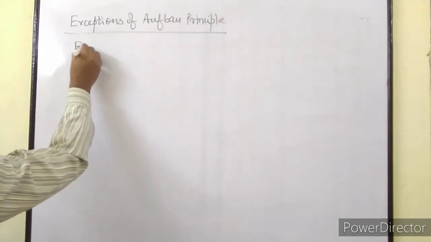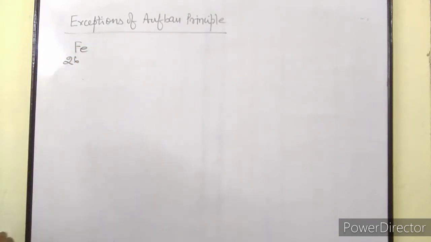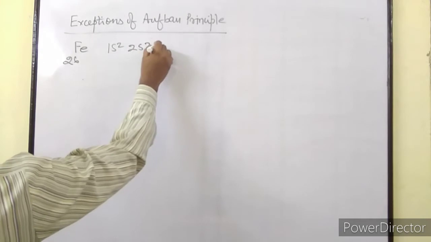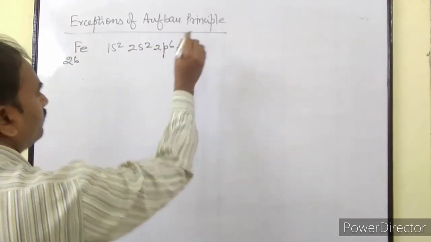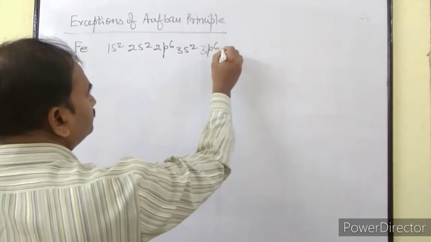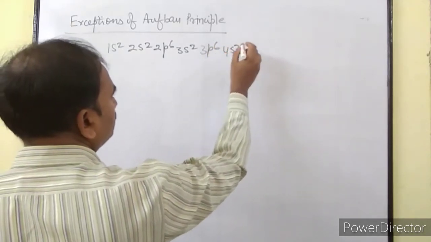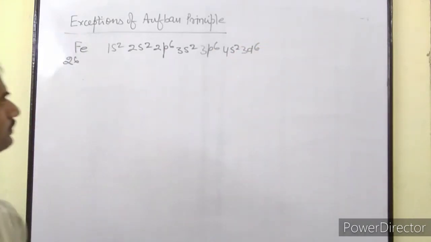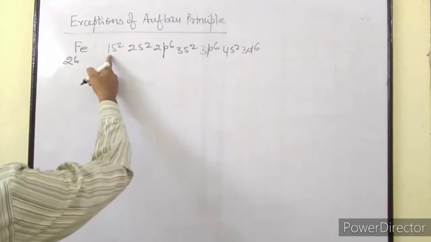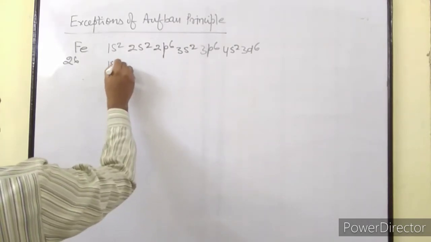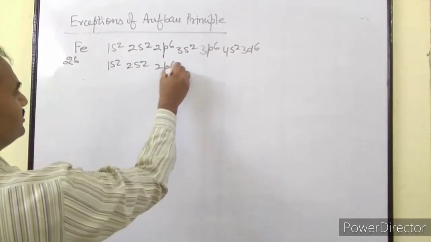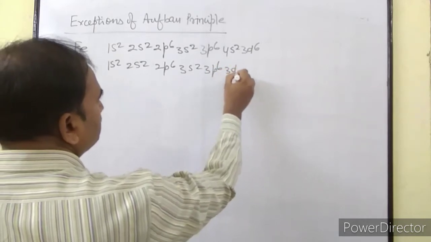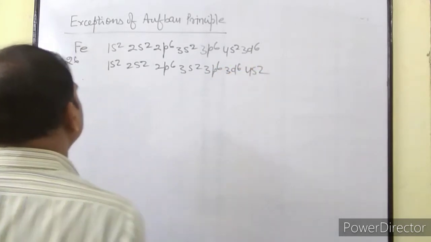Suppose we have to write the electronic configuration of iron 26. So we can write it like this: 1s2, 2s2, 2p6, 3s2, 3p6, 4s2, 3d6. By another method, it is written as 1s2, 2s2, 2p6, 3s2, 3p6, 3d6, 4s2.